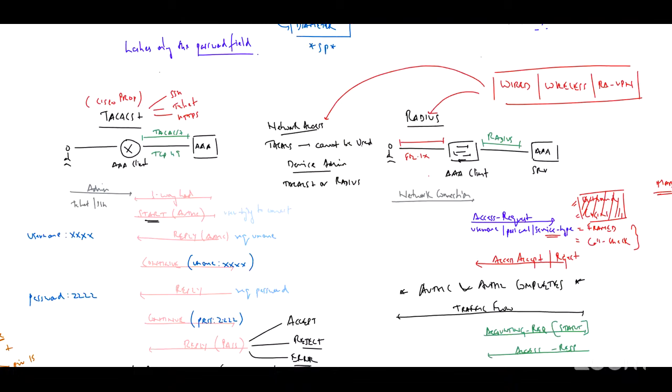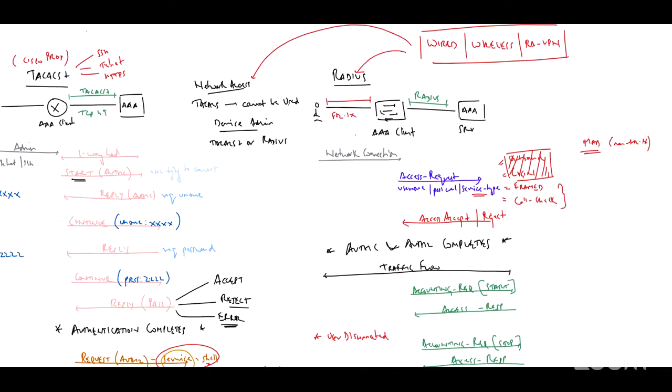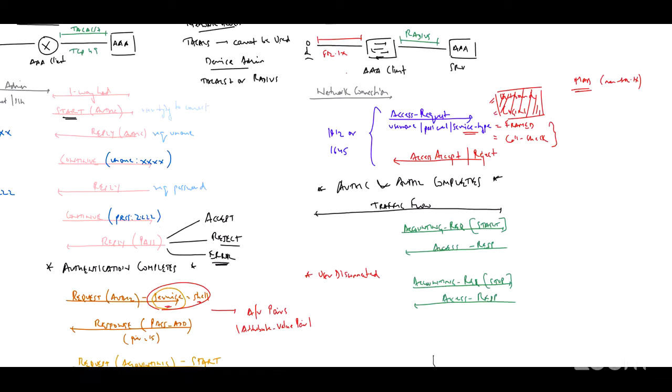And one more thing from a port perspective: 1812 or 1645 will be used for authentication and authorization. This is where 1813 or 1646 will be used, for accounting.